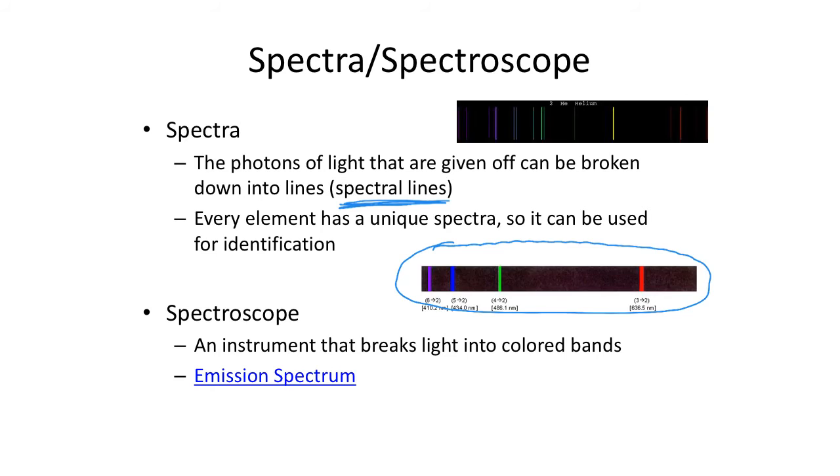And just like every element produces a different color, every element has a unique spectra, so this can be used for identification. This is a little bit more accurate than just the color because there will be some substances that burn similar colors, whereas their spectra is going to be a little bit different. But obviously this is a little bit harder to observe than just observing the color.